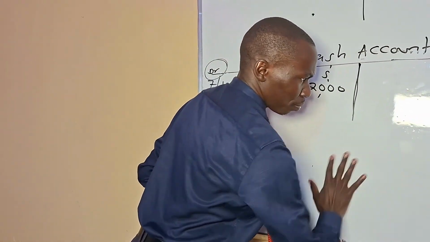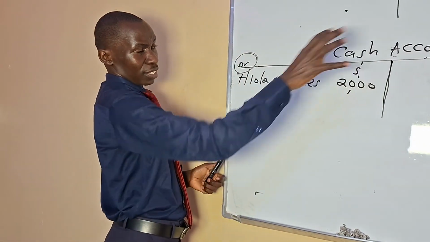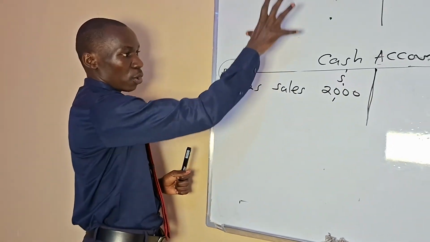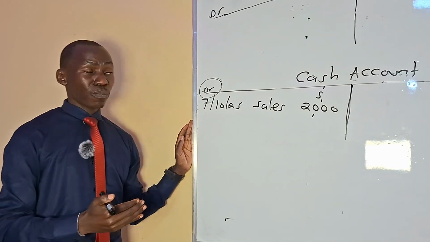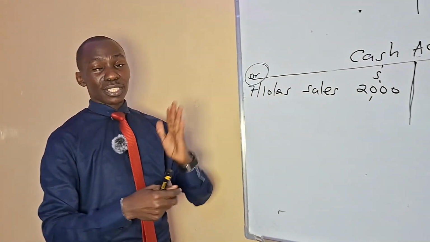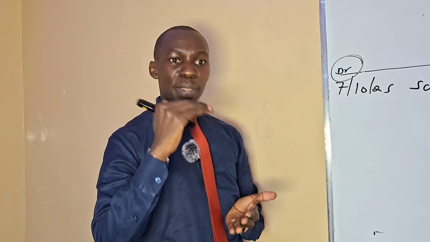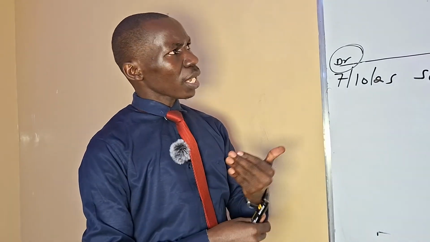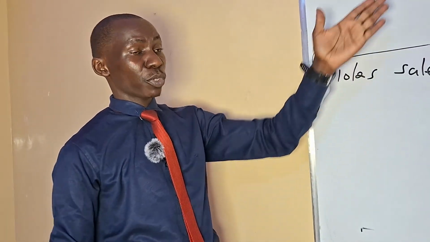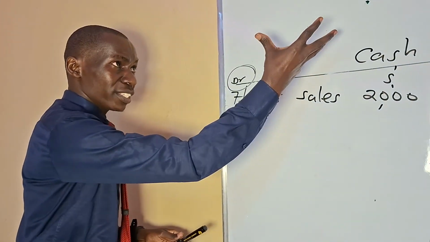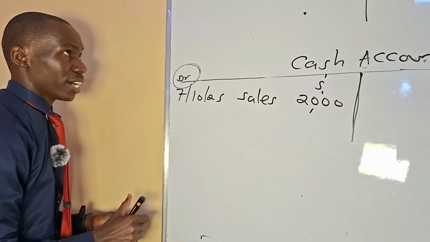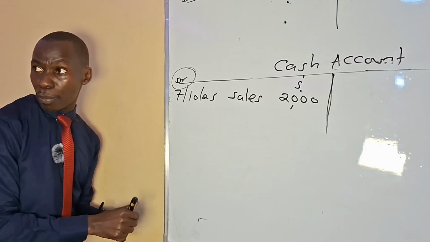As we move on and summarize this double entry, there is something I want to talk about. Depending on where you are watching from, some of you may not be using these T accounts. It depends on the level. If you are at beginners level, it's very important to start from here. But I also want to show you something. You can summarize this instead of drawing these ledger accounts. You may decide to use this table.